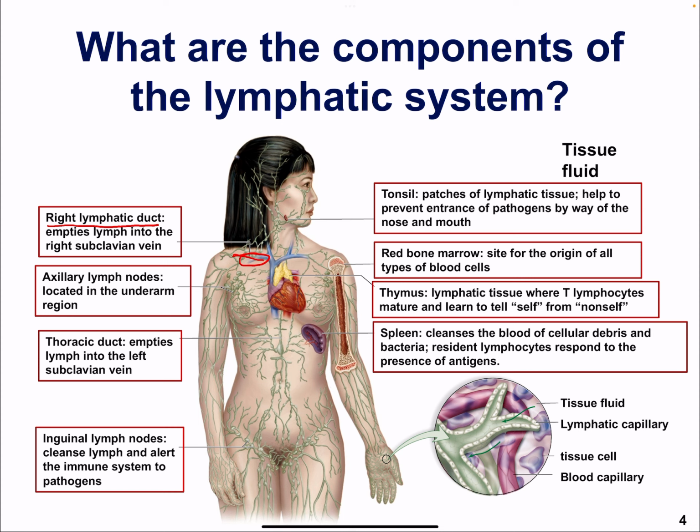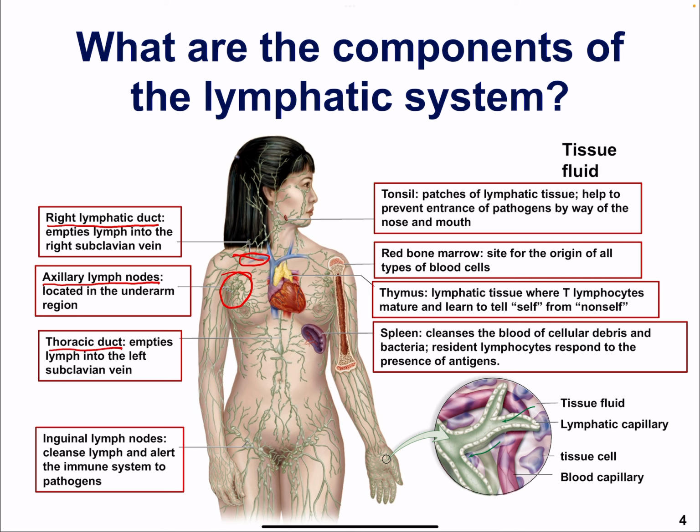Another organ we want to mention, the axillary lymph nodes in the armpit. The axillary lymph nodes are going to store leukocytes.